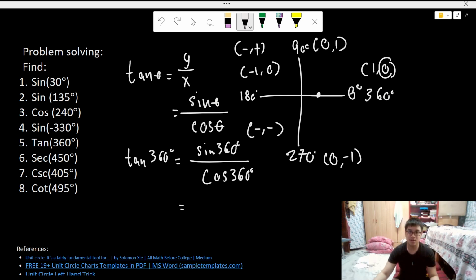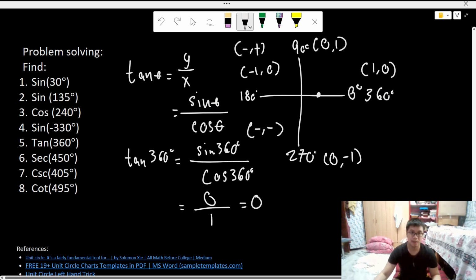Since your y here is 0, sine 360 degrees is 0, all over cosine 360 degrees. Since your x here is 1, cosine 360 degrees is 1. Hence, tangent of 360 degrees is 0.